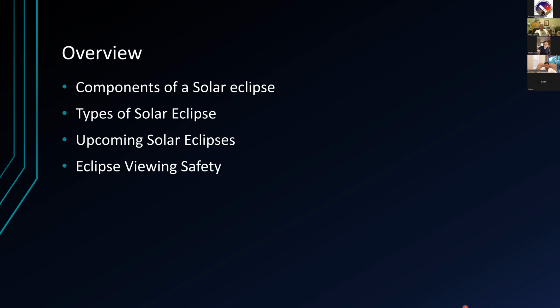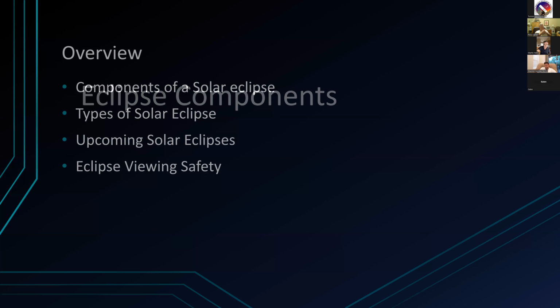We'll also highlight the two upcoming solar eclipses here in North America that are coming up this October, and then again next April. Some minor information if you weren't already looking at some of that and some things you may want to consider. And then we'll finish it off with some eclipse viewing safety tips, which is kind of obligatory because the sun is bright and dangerous.